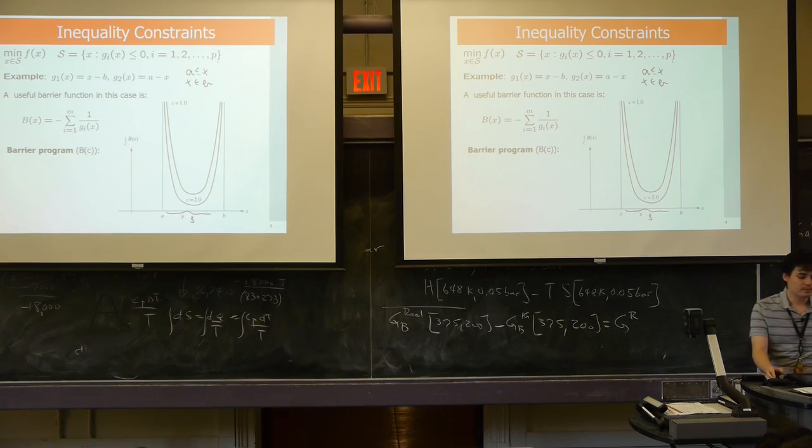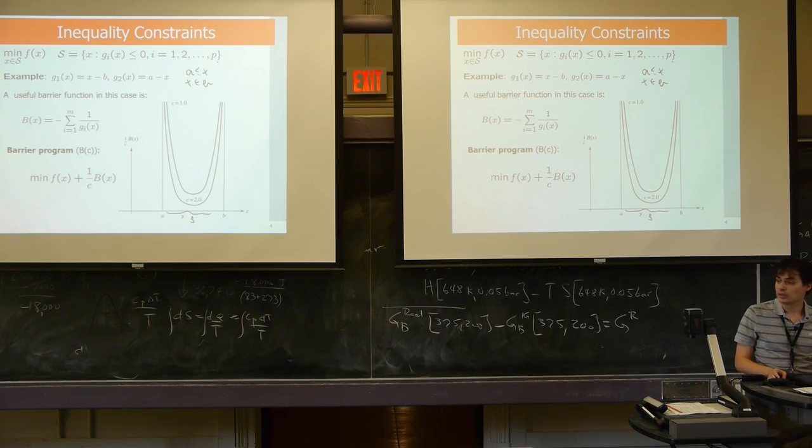So the barrier program will be defined like this: for a parameter c, we want to minimize f(x) plus 1 over c times b(x), where b is the barrier function. And we will do the same thing as we did with the penalty method, that this c will diverge to infinity.